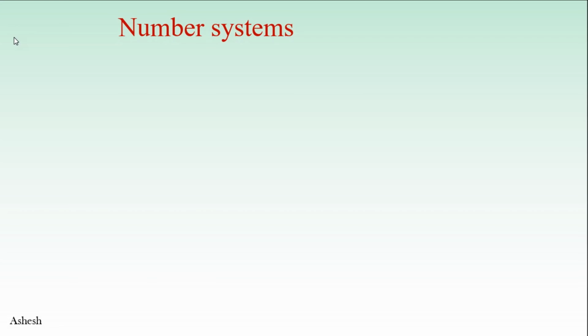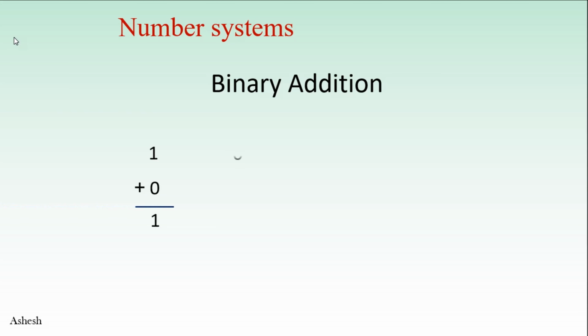Today we'll learn binary addition. First we need to know the addition of the simple binary numbers. Adding 1 and 0 is 1. 0 plus 1 is 1.